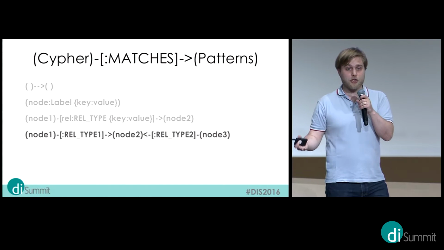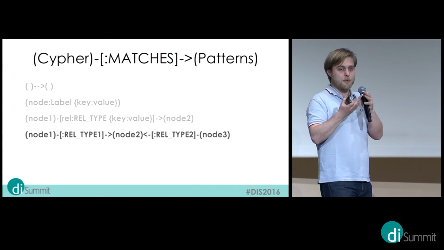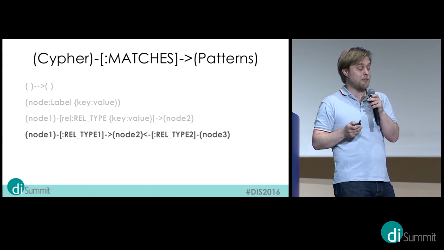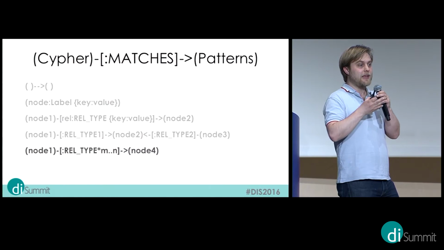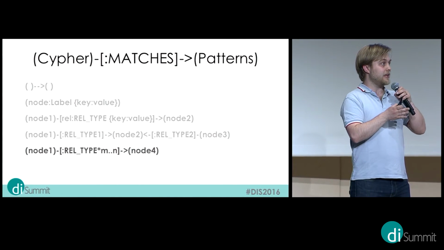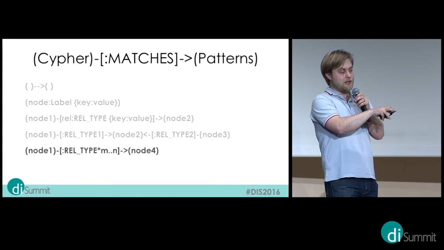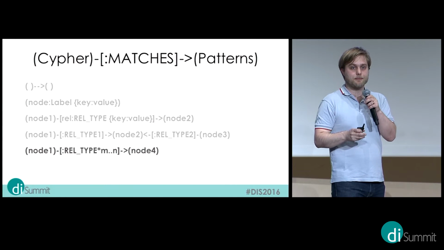We can combine this, have nodes with relationships and more information about that. We can have even longer chains if they fit together. If they don't fit together, if we want to express a triangle of this, we can separate the patterns by a comma. We can even have a pattern that has an unknown length. So this would be repeat the relationship rel type between m and n times.